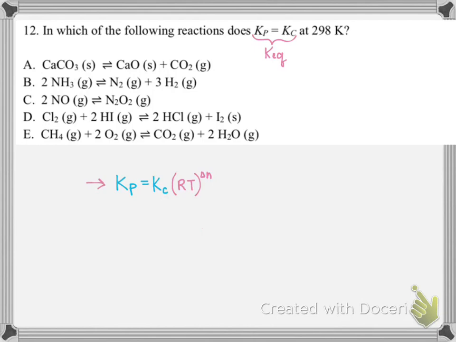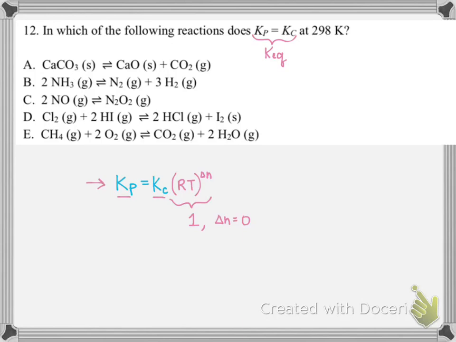And so what it's saying is we want Kp and Kc to be equal. For that to be true, I need this term to be 1. And sure, maybe there's some crazy combination of temperature and delta N that magically makes this number equal 1. But what we usually think about is this being equal to 1 if delta N is equal to 0.